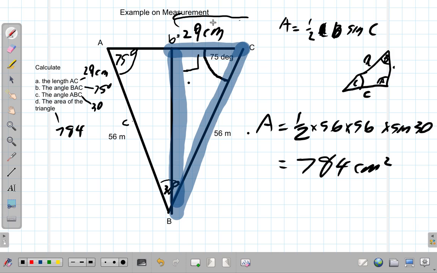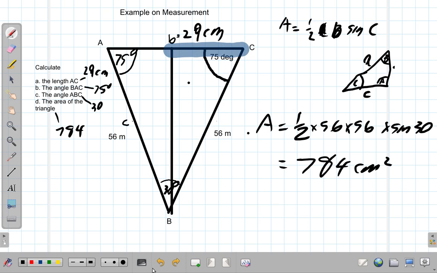So from here to the middle is 14.5. But we don't have to do that. Just use the entire triangle. Let me get rid of these markings that are made. We don't need to go through all of that.